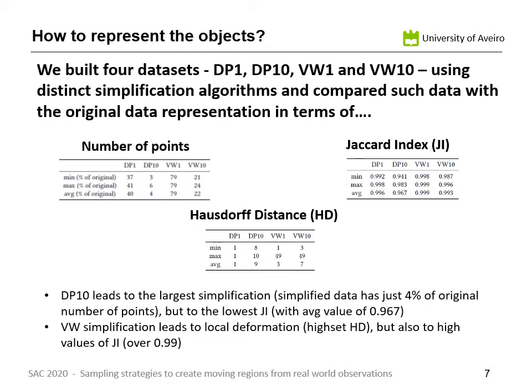On the other hand, the similarity to the original geometries in terms of Jaccard index was almost 3% worse than achieved in the other simplified datasets. Besides DP10, all the other configurations achieved an average Jaccard index of over 0.99, which is really good.